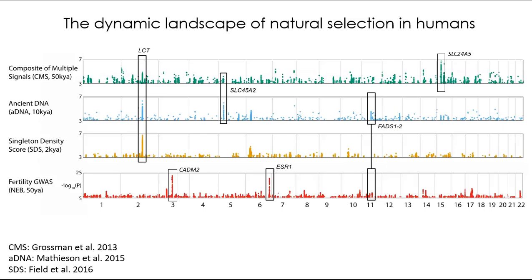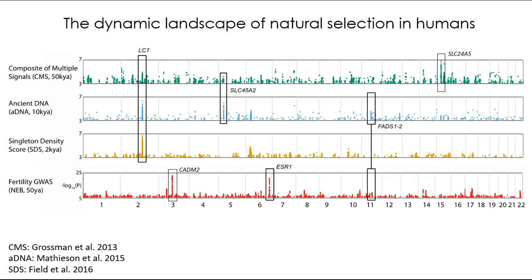Lactase leads across multiple timescales, but in fact, the only signal in the entire genome that jumps across different timescales is FADS1. And statistically, there's no more overlap between these than you expect by random chance.